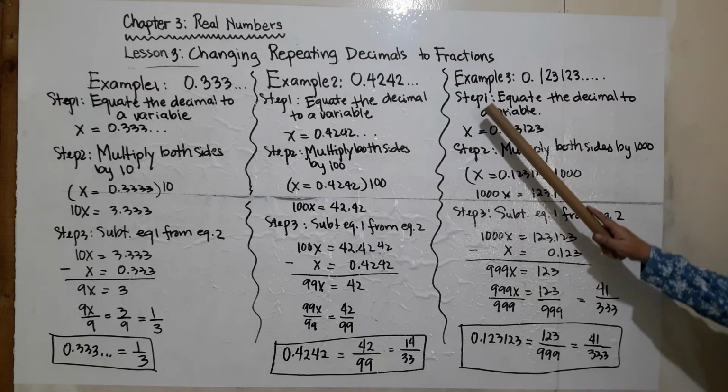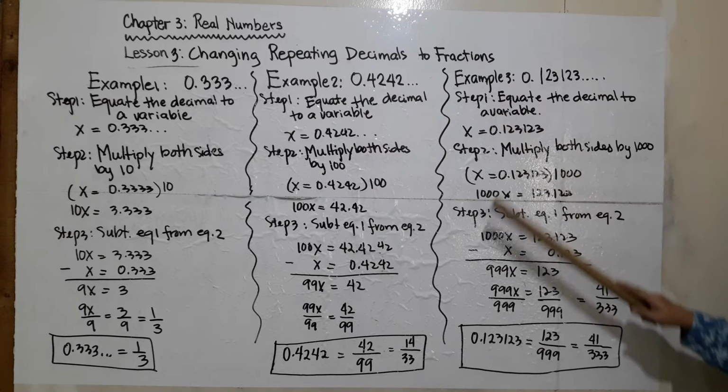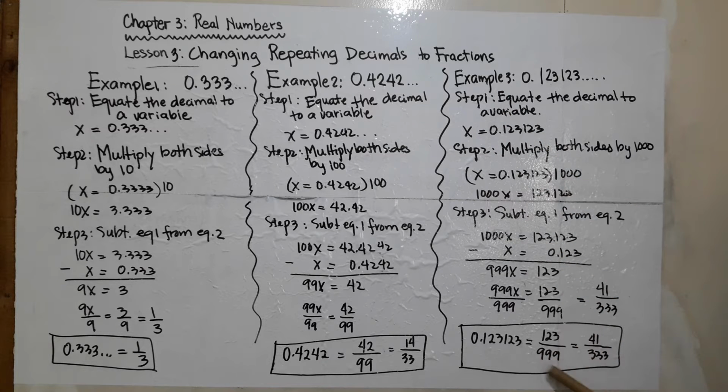Okay, the proof is what we have here in steps 1, 2, and 3. But this fraction is not yet in simplified form. So we have 41 over 333 in simplified form. Okay, after you copy examples 1, 2, 3, I still have 2 to 3 more examples about lesson 3.